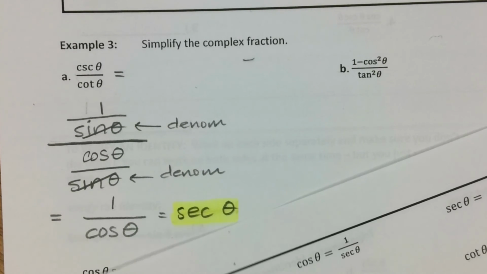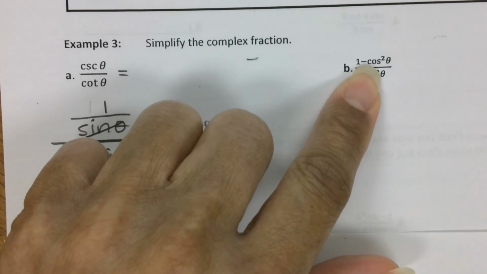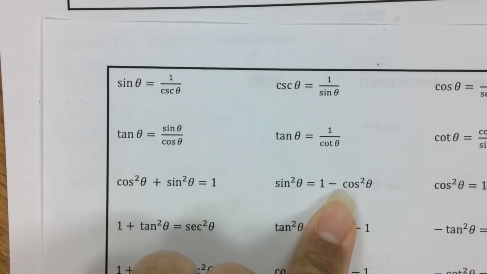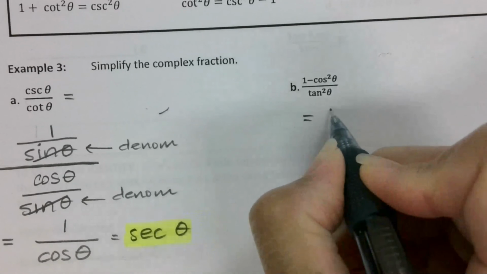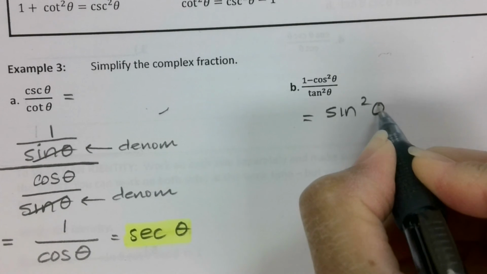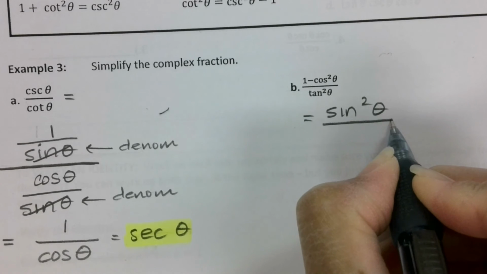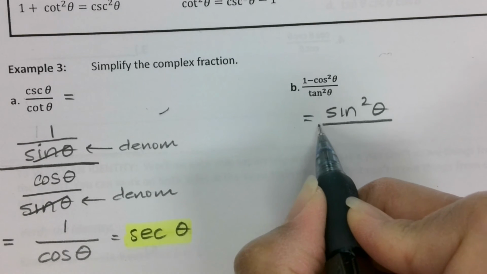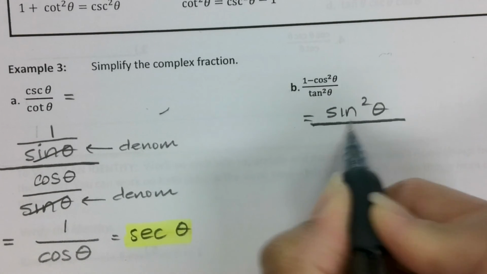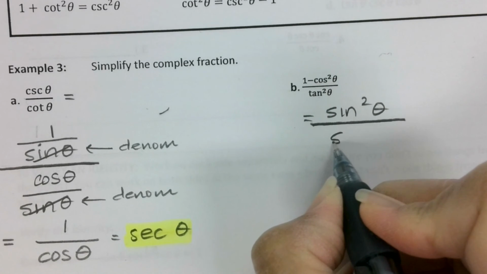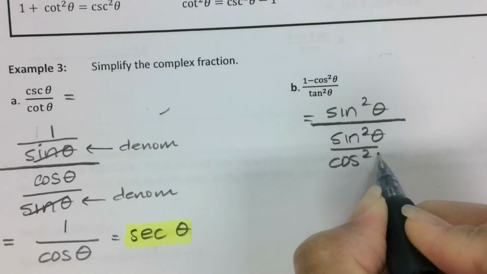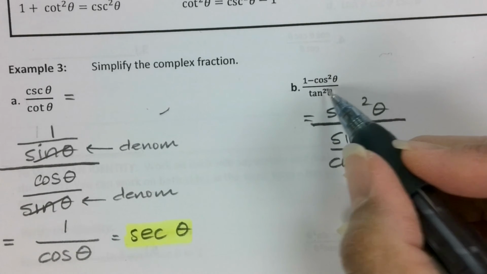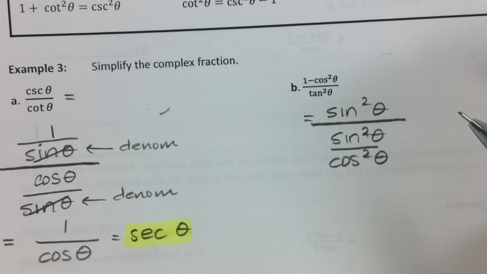Let's do this again. So 1 minus cosine squared theta is a Pythagorean identity that has been manipulated, and that's equivalent to sine squared theta. So I'm going to replace it with sine squared theta over, and then I'm going to rewrite tangent squared theta as sine squared theta over cosine squared theta. Notice because this is squared, I have to put squares on this one.